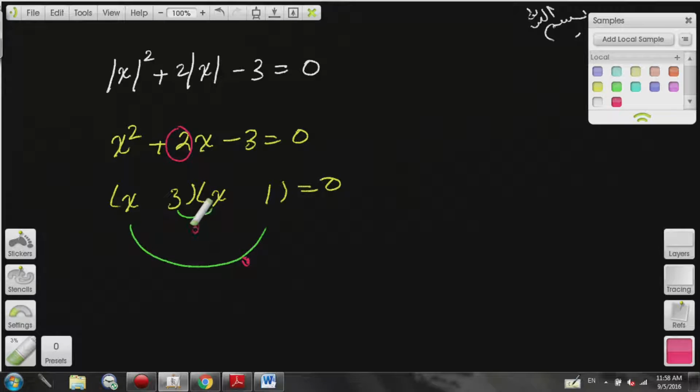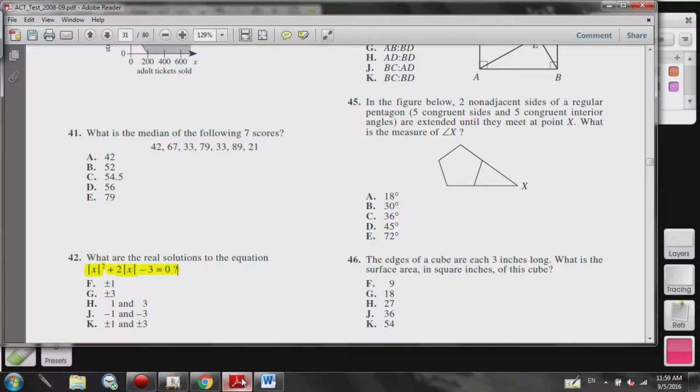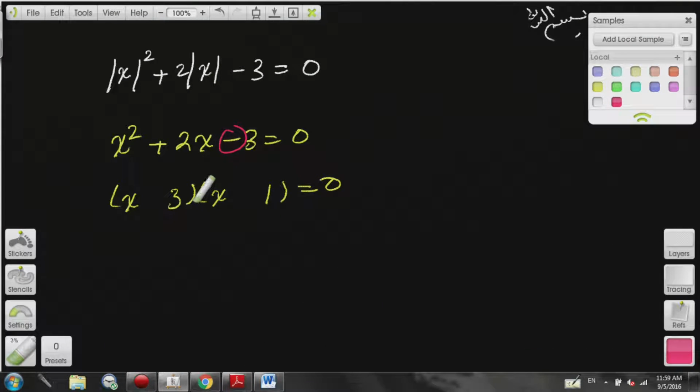So the inner is 3, the outer is 1, and they do in fact subtract to give you 2. The signs are different and the bigger one is positive. I'm just making sure I copied the question correctly, and I did. The signs are different. The bigger is positive, so it's going to be like this.